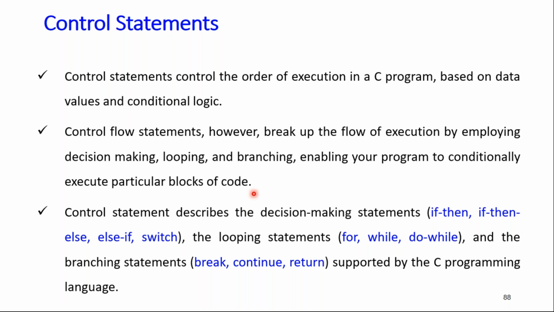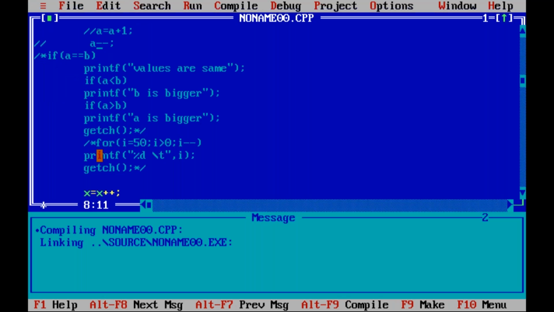Now here we will go to this program, and you will understand somewhat. Now we have if A equal to B, if A less than B, if A greater than B. So we have these many statements. If the result matches, if A equal to B, this particular line will be executed, and the rest of the lines will be skipped or broken, and the control will come out of the program, right?